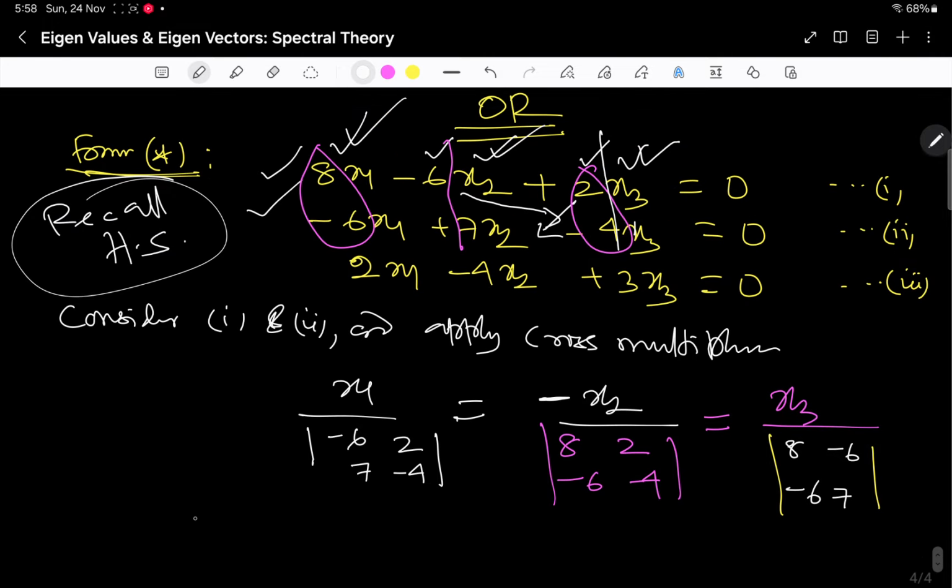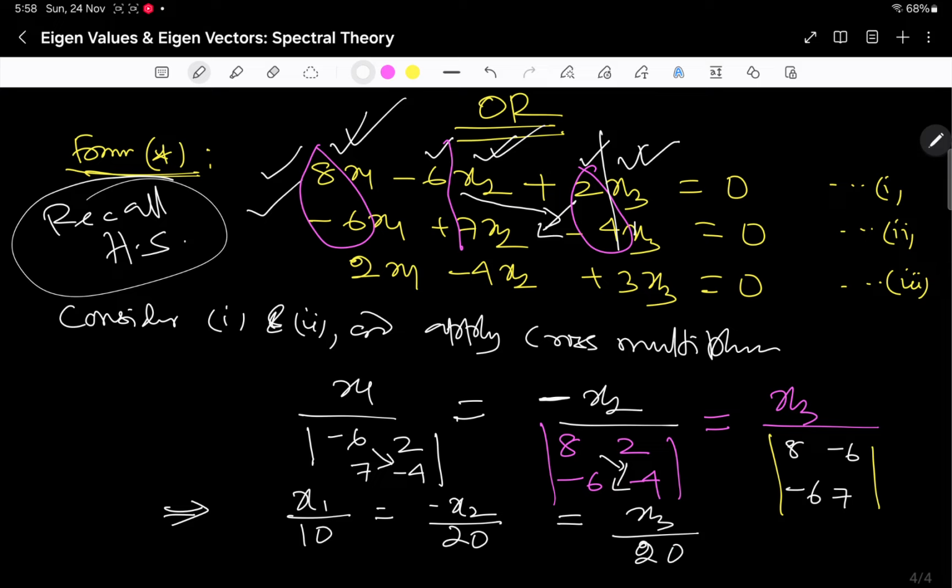So if you simplify it, it will be x1 by (6 into 4 is 24 minus 7 into 2 is 14) that is 10, x1 by 10 is equal to minus x2 divided by 20. This minus this is 20, and x3 divided by this into this minus this is 20, okay? Now if you solve it, just a minute, it is actually a minus sign, so it is minus 20, okay?